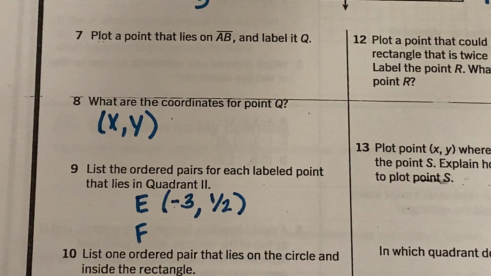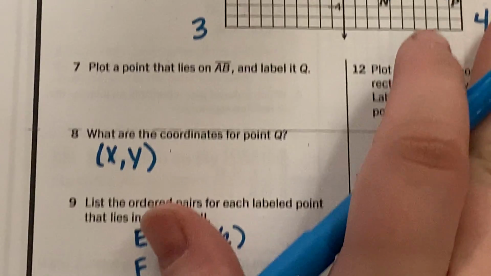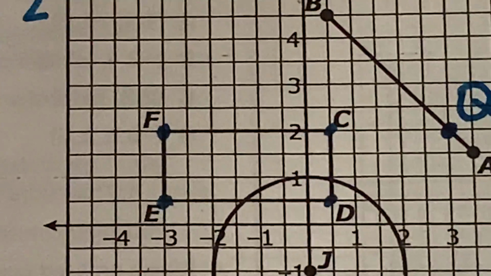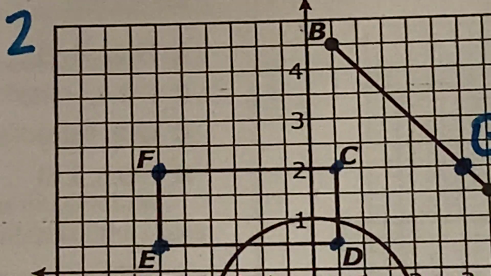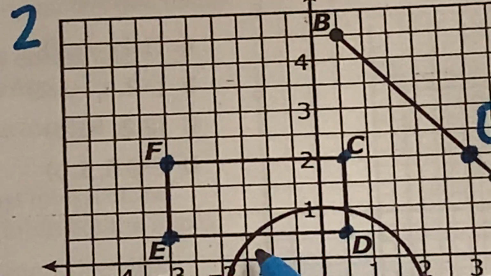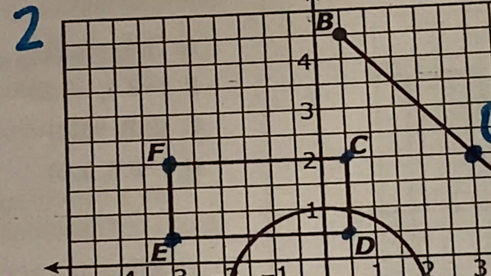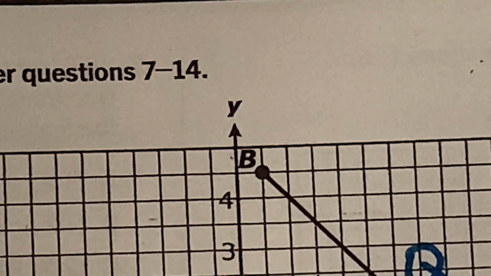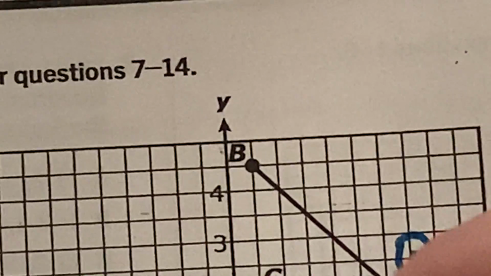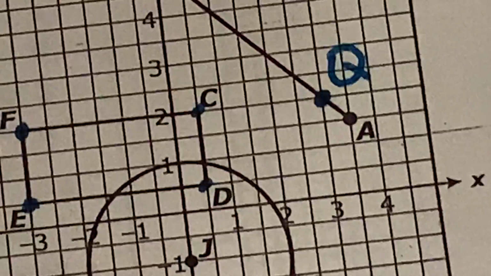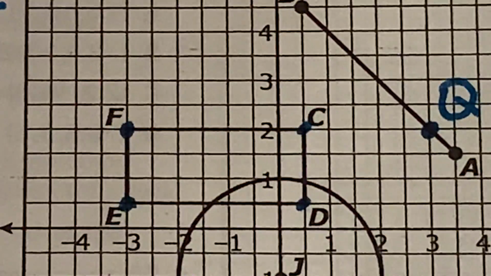10 says list an ordered pair that lies on the circle and is inside the rectangle. So that means, looking at our circle, it wants one of these points right here, guys. Something inside here. Now make it easy on yourselves and try to find something where it maybe crosses or is like halfway between. I would probably go right here because I can see that it crosses the lines evenly. Oh, I'm so sorry, y'all cannot see. Is it quadrant 3?